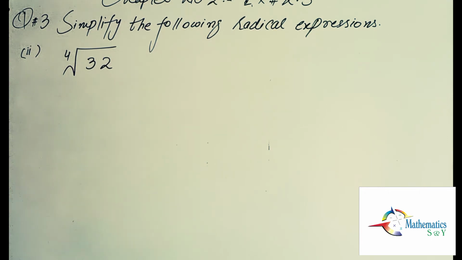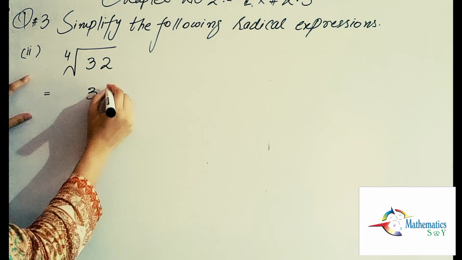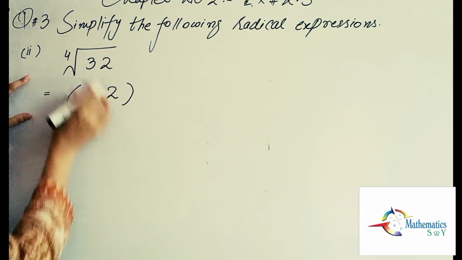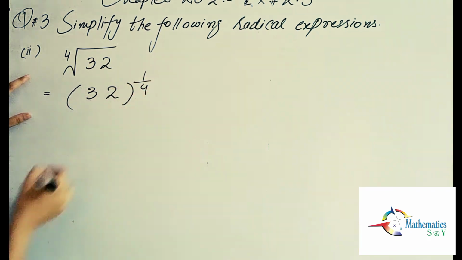Yes guys, here in part 2 you can see that this is the 4th root of 32. So first of all we write this in exponential notation. 32 is the base and 4 is the index of the radical, so here the exponent will be 1 by 4.